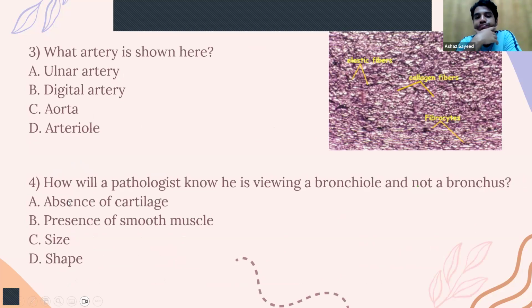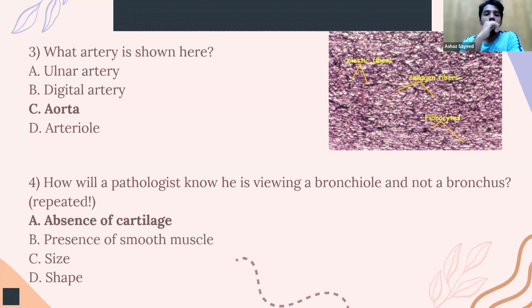Which artery is shown here? Now, how will a pathologist know he's viewing a bronchiole and not a bronchus? Okay, good.